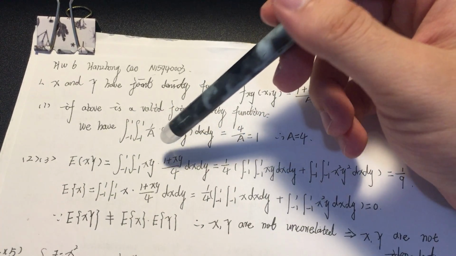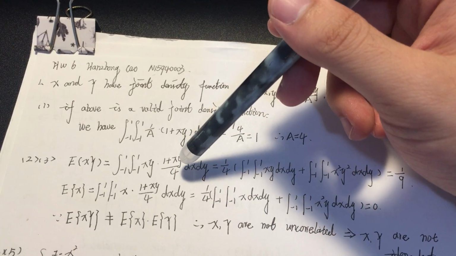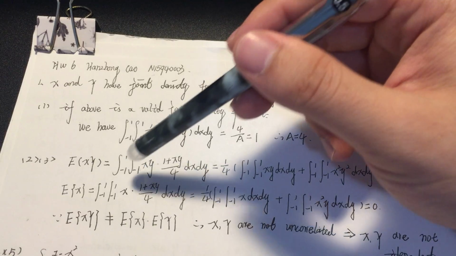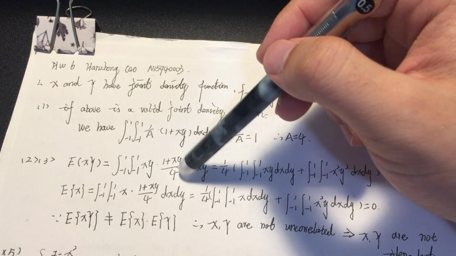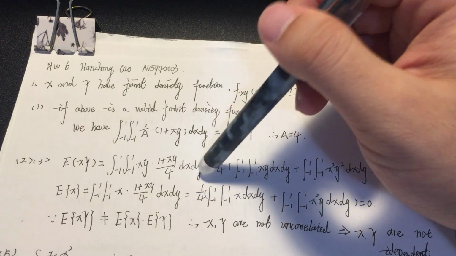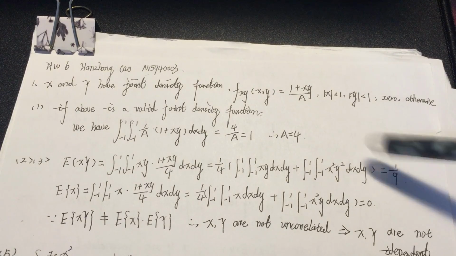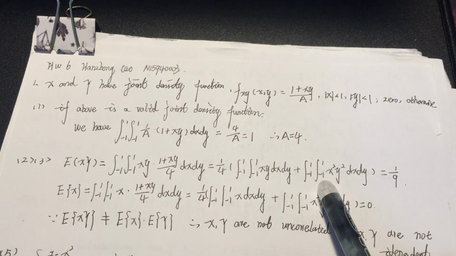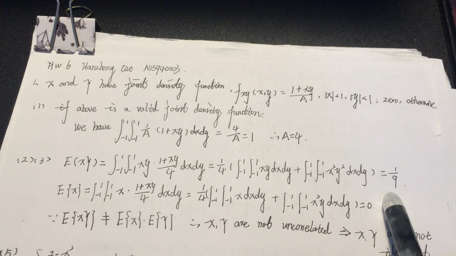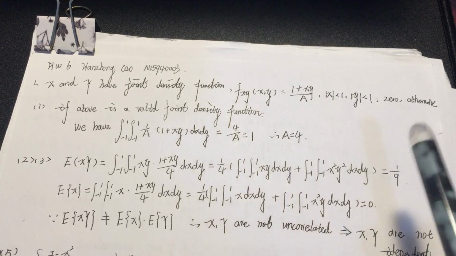It equals xy multiplied by the density function, integrated from minus 1 to 1 with respect to x, and from minus 1 to 1 with respect to y. It can be written into this equation, and we can calculate the result as 1 over 9.